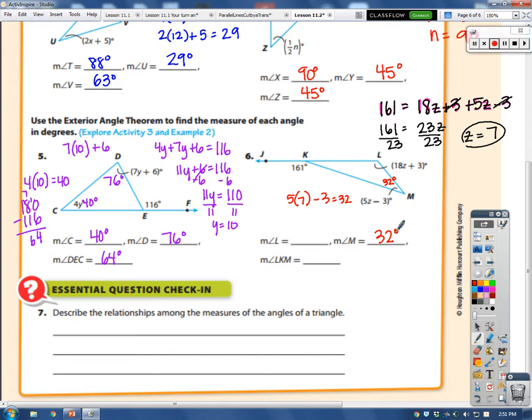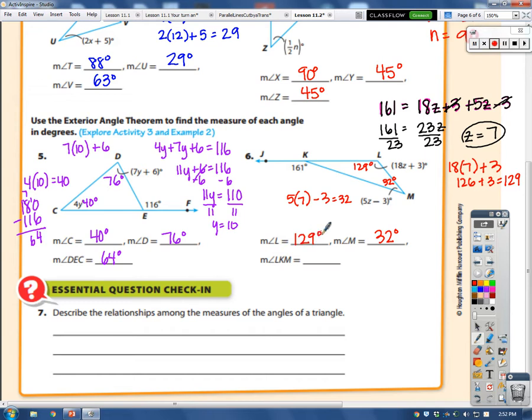Okay. Now I'm going to plug in here 18 times 7, because that's what z is, plus 3. 18 times 7 is 126, plus 3 is 129. So the measure of angle L here is 129 degrees.